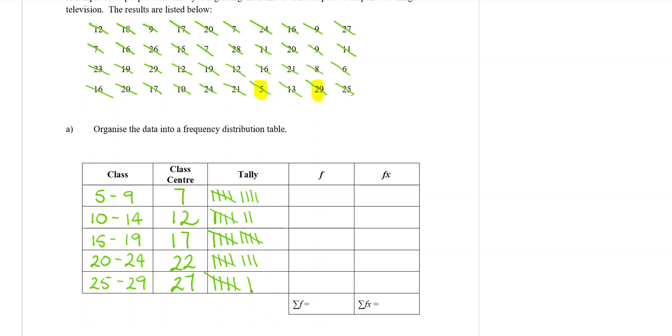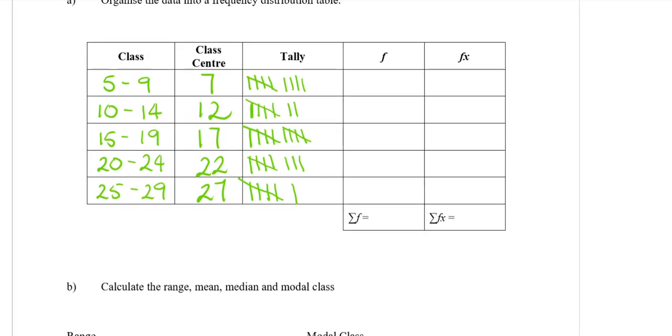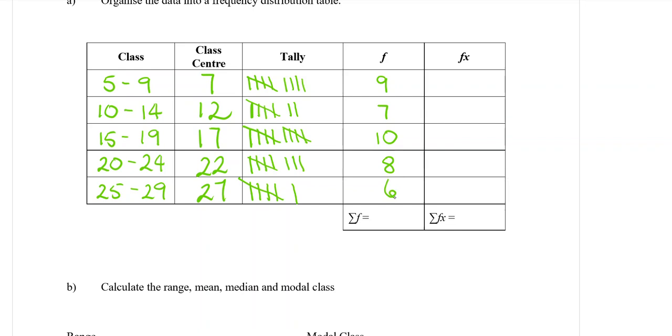So, do you all get the same thing as me? When you count them all up, we'll double check. So in the first one, you should have 9, 7, 10, 8, and 6.